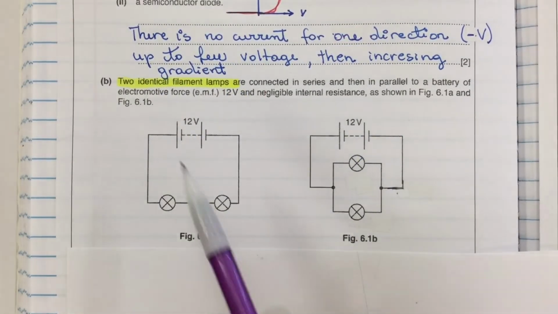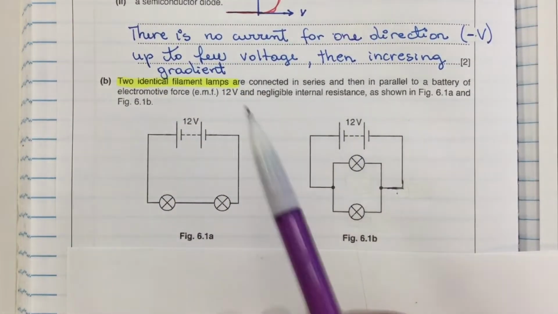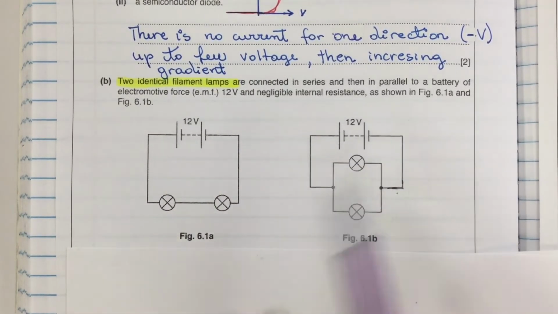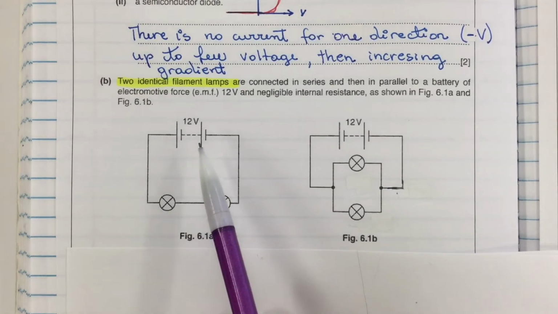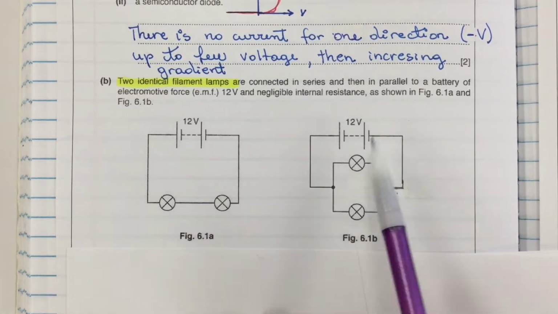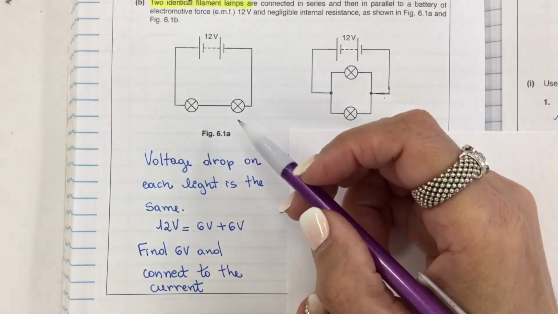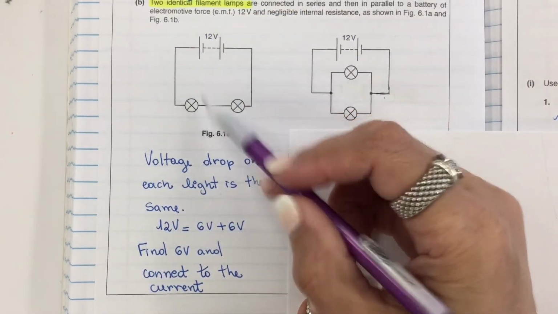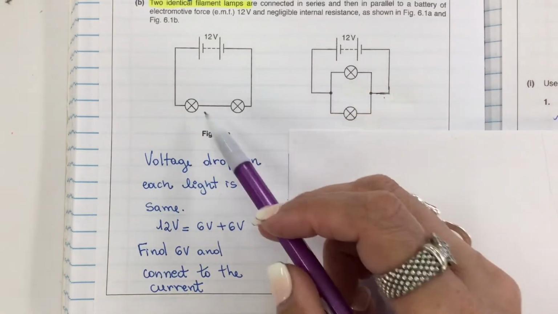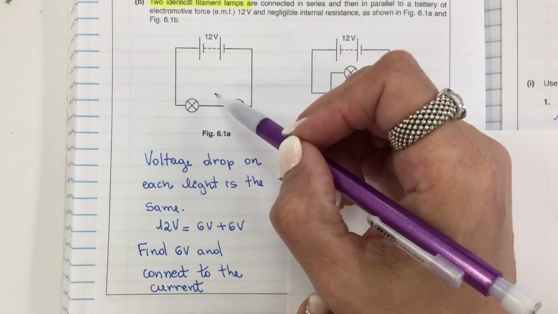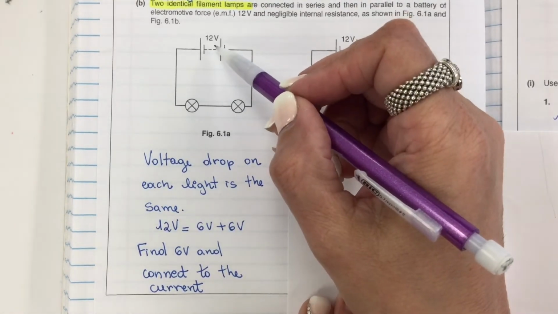Now the next question is about filament lamps. Two identical filament lamps are connected in series and then in parallel to a battery of electromotive force 12 volts and negligible internal resistance, as shown in picture A and B. A very easy conclusion of this circuit: both lamps are the same, and both are connected to a 12 volts battery.